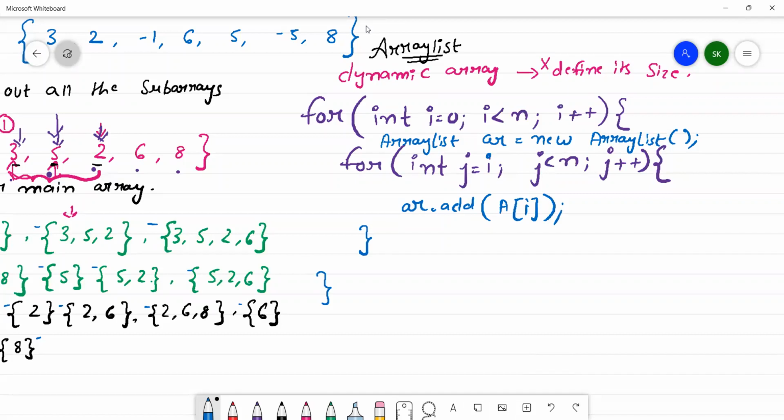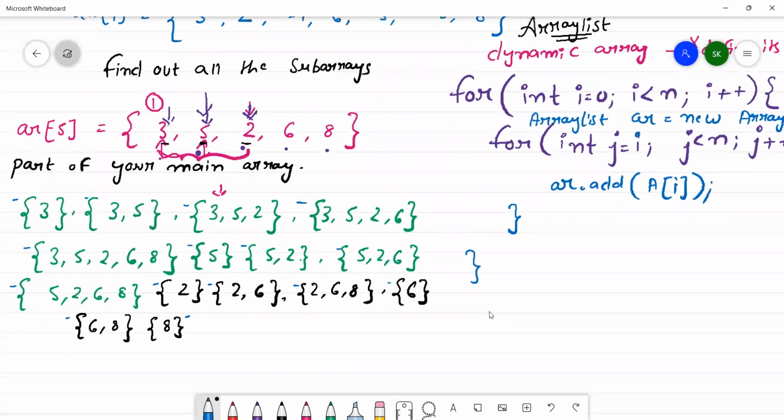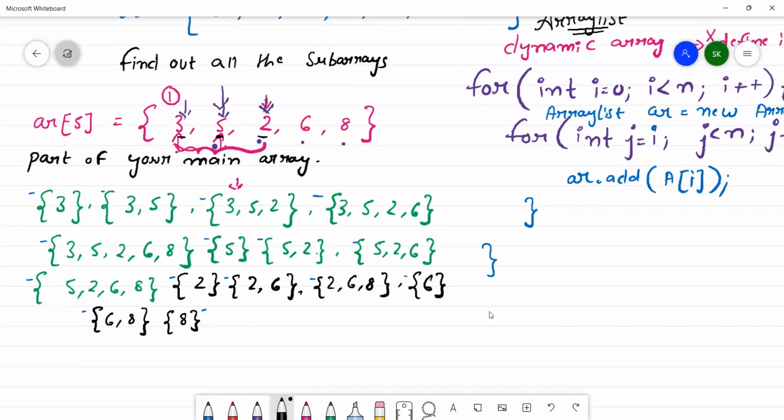Good. But if you do this, AR.add array of i every time, what it will do, initially it will come and add 3. The next time it will come and add 5. The next time it will add 2. And the next time it will add 6. Yes or no? So the purpose of our subarray is not fulfilled because we are just getting one ArrayList at the end.